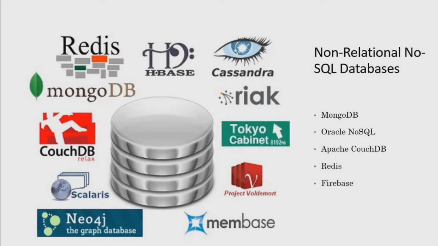Some examples of non-relational NoSQL databases are MongoDB, Oracle, Apache CouchDB, Redis, Firebase, Cassandra, etc. And some cases are MongoDB. It's a document-oriented and schema-free database.